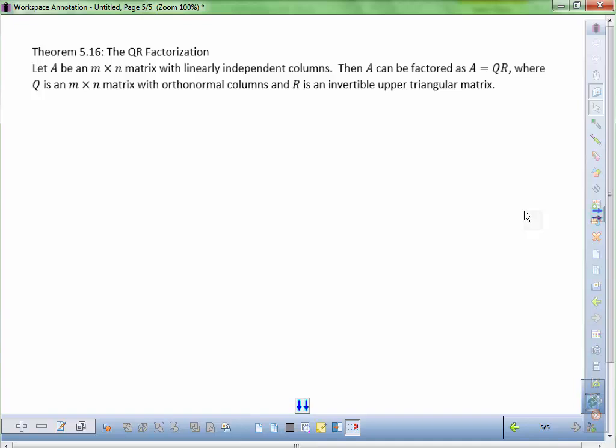Q is going to be an m by n matrix with orthonormal columns. And R is going to be an invertible upper triangular matrix.